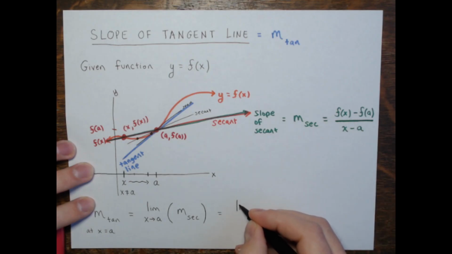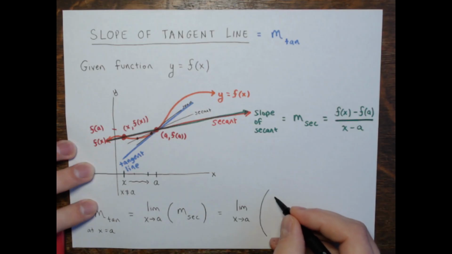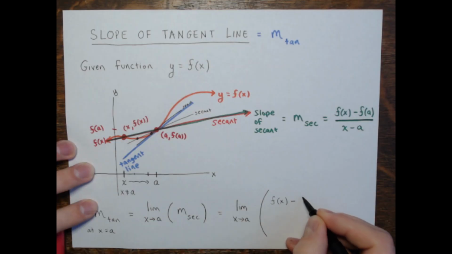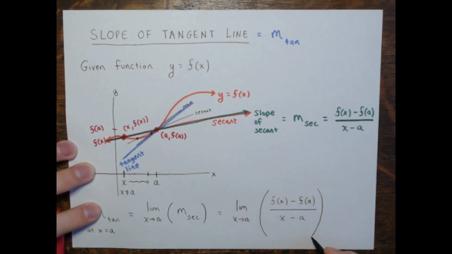So we have the limit as x approaches A of the change in the y coordinates, the value of f at x minus the value of f at A, divided by the change in the x, right? X minus A, rise over run.